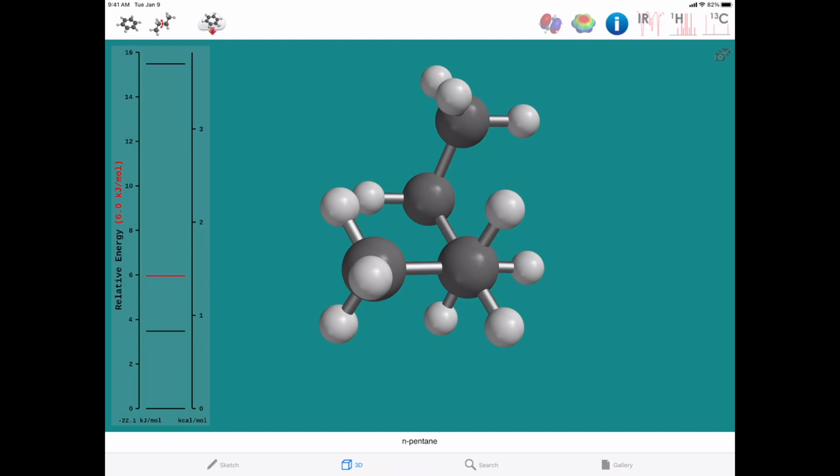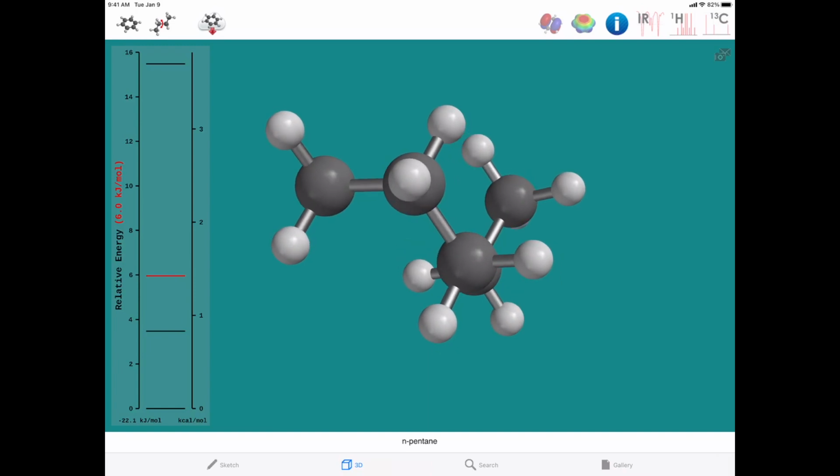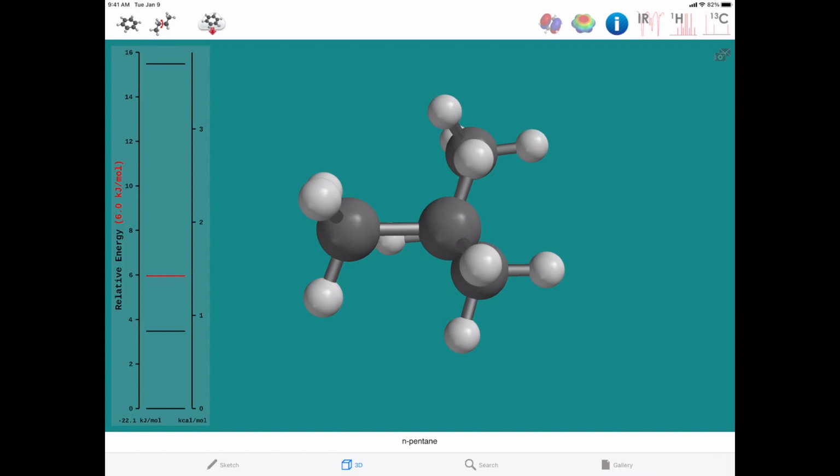Okay, so that's a gauche plus. If we look down the next bond, we can ask again, is the carbon in the front on the left or the right of the carbon in the back? It's left. So we got two left-handed gauches. And the effect of that is to keep the methyl groups on opposite sides.